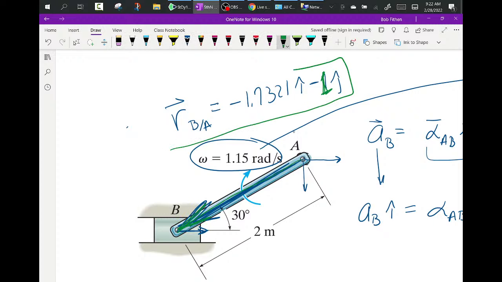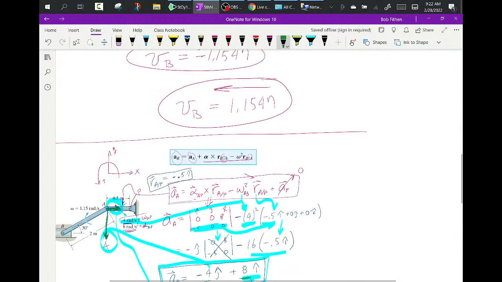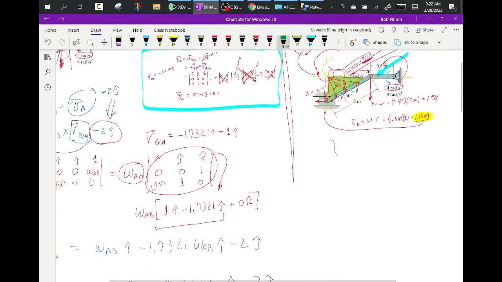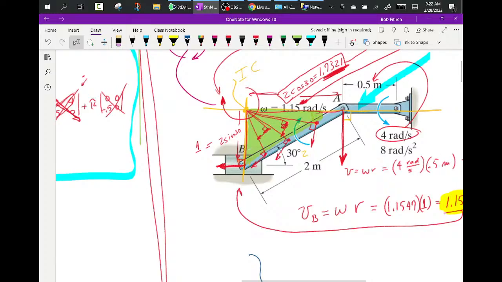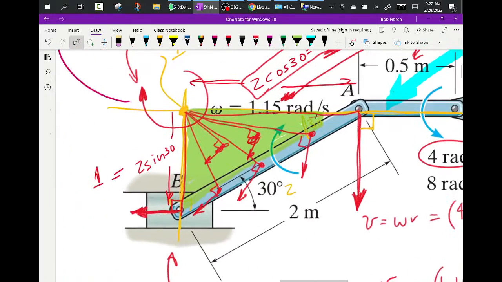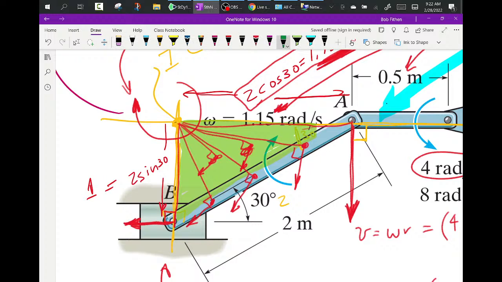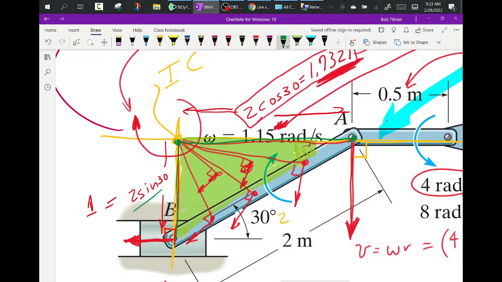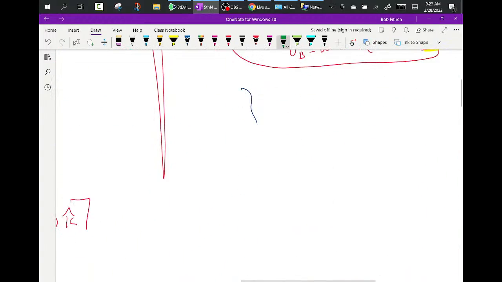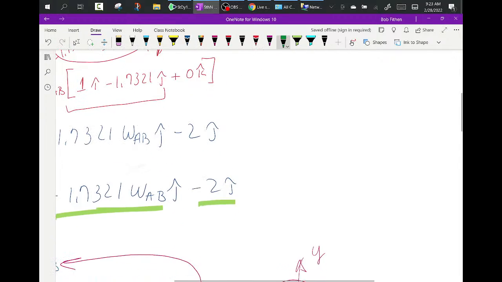That came from early in the lecture, because I did this problem with instant center first. So I determined the link from here to here, and then from here to here, and that was the 2 cosine 30 and the 2 sine 30 and the 2 cosine 30. So I've got my values here and here. So I kept using that.